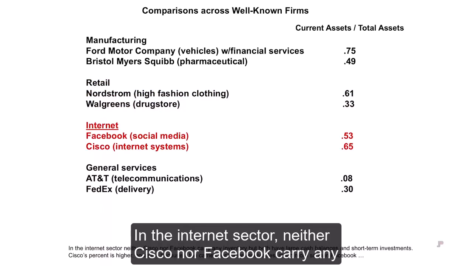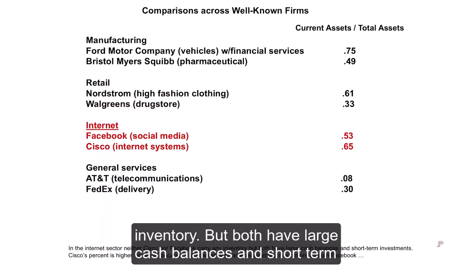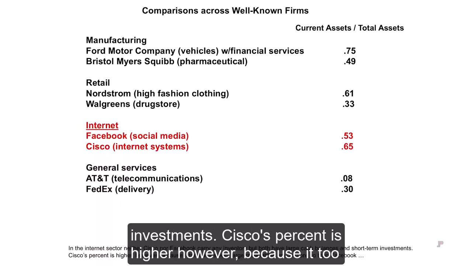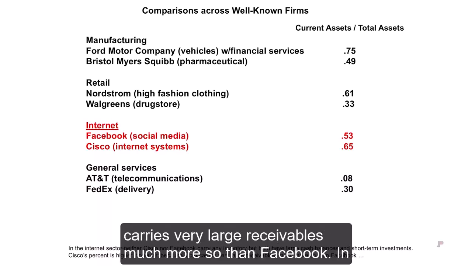In the internet sector, neither Cisco nor Facebook carry any inventory, but both have large cash balances and short-term investments. Cisco's percent is higher, however, because it too carries very large receivables, much more so than Facebook.